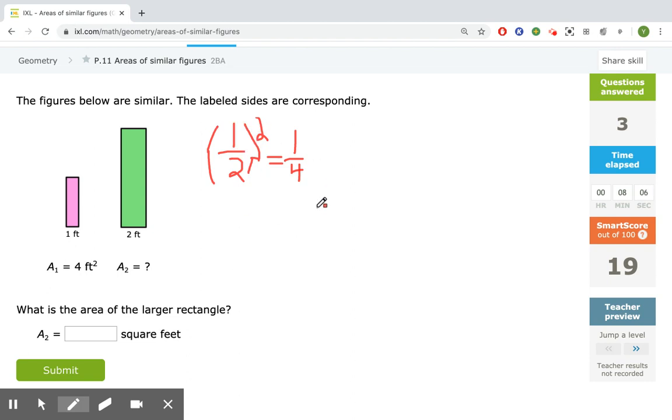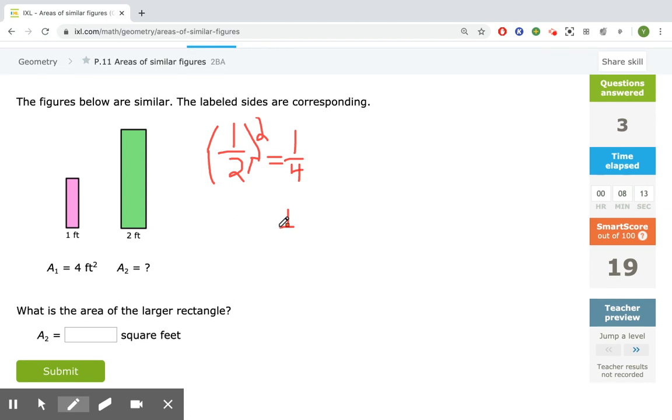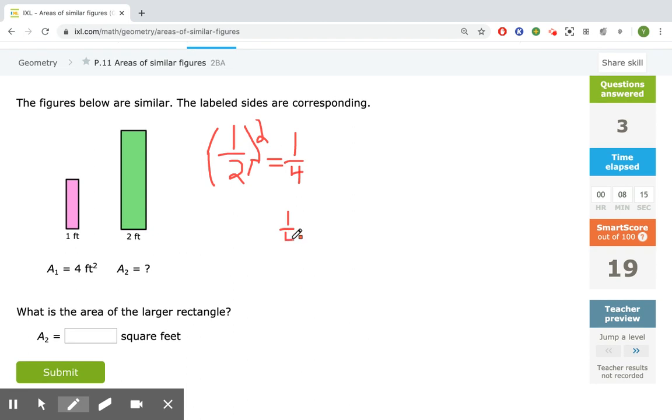Okay? And we got to match that with the areas. So I'm going to put that 1/4 here, and then I'm going to put the areas with it. The 1 came from this, and its area is 4. The 4 came from here, and its area we don't know.